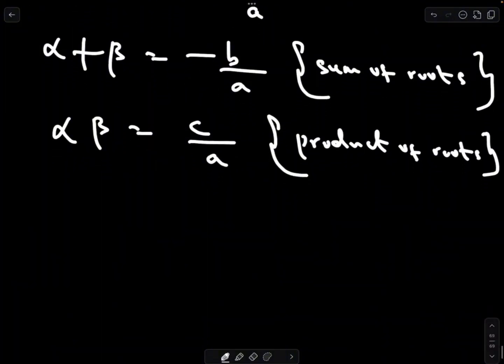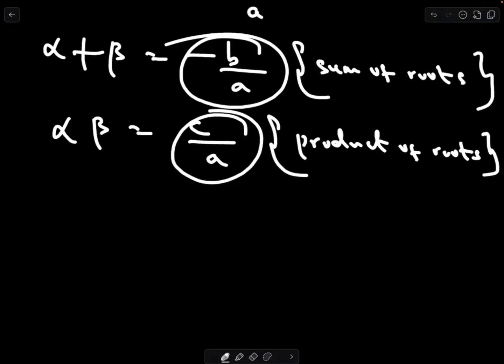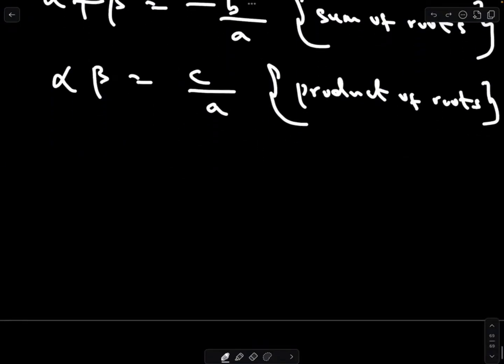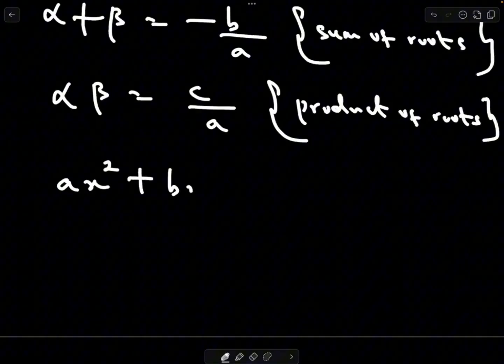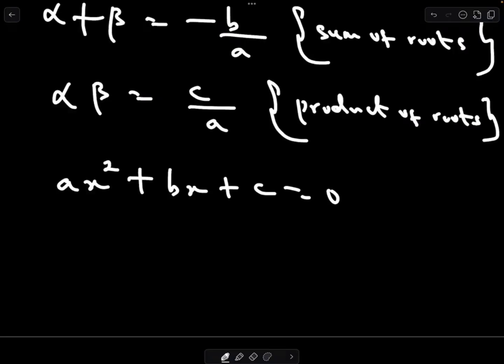That simply means if alpha and beta are the roots of a quadratic equation, the sum of those roots is given by minus b over a, and the product of those roots is given by c over a. And we know that a, b, and c are from the general form of a quadratic equation, ax squared plus bx plus c equals 0, where a is the coefficient of x squared, b is the coefficient of x, and c is a constant.